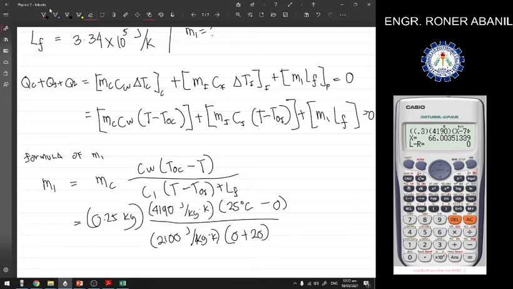So, para mas malinaw ganito. Minus 20 degrees Celsius. Magiging bracket to ngayon. Okay?